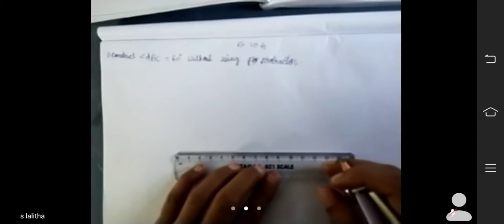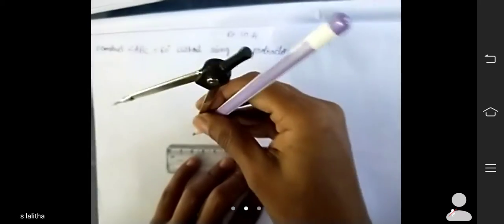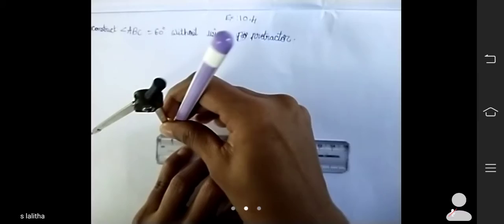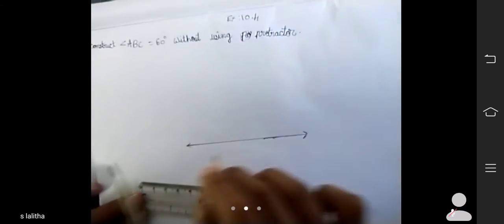Now, check it. First, take your ruler, all of you. First draw a line. Any measurement you have to take, draw a line. A line has no endpoints.